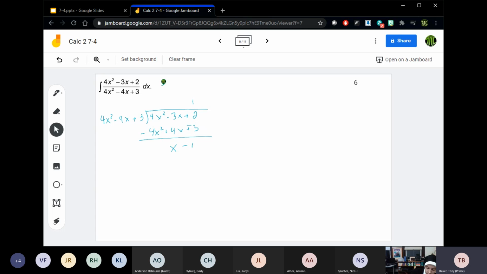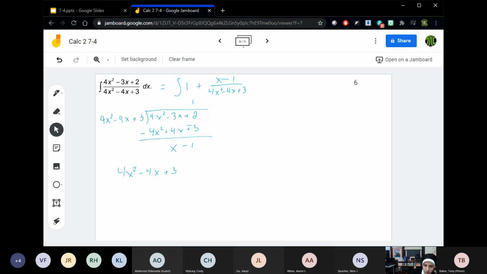So the integral I'm going to work with is the integral of 1 plus x minus 1 over 4x squared minus 4x plus 3. Now I've got to factor the bottom, of which I actually can't.